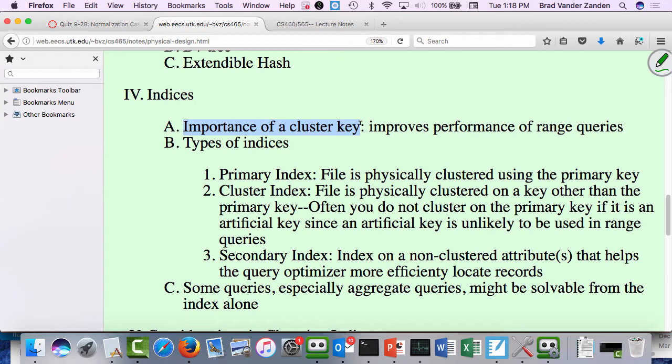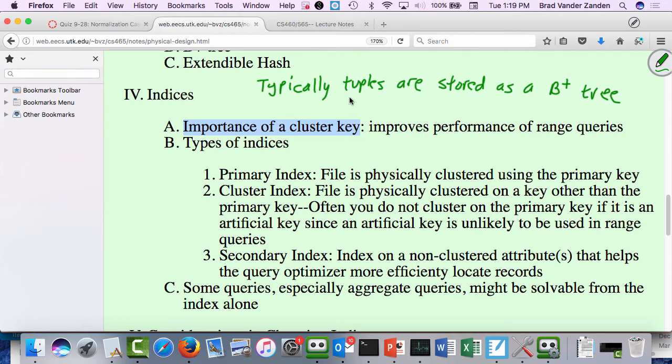So typically, tuples are stored as a B+ tree, because we want to have them ordered in some way.